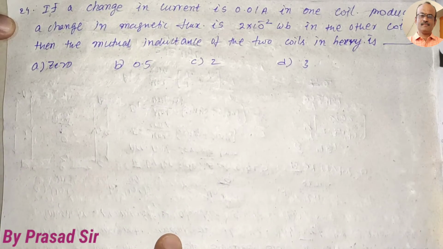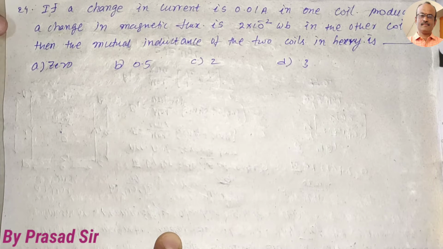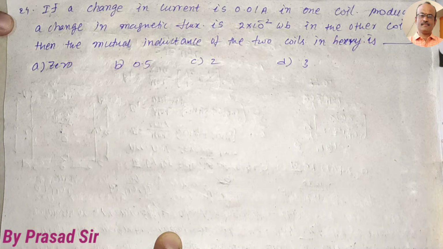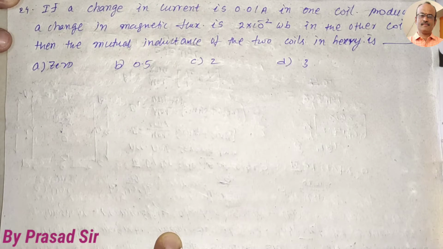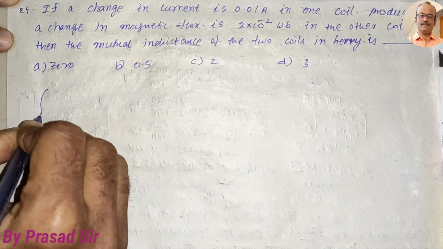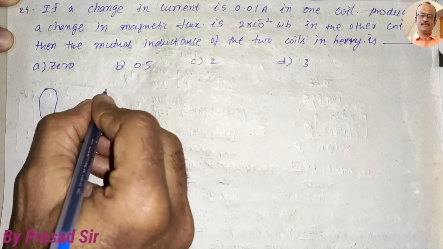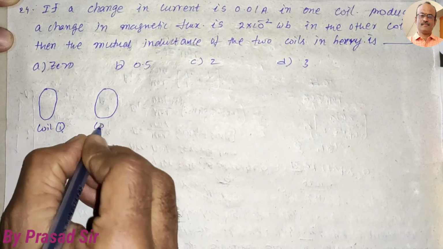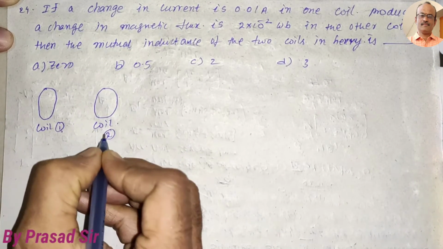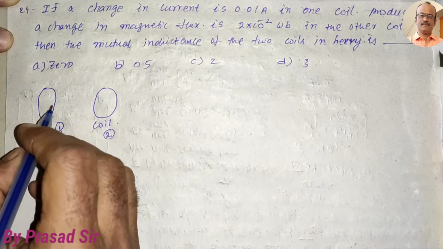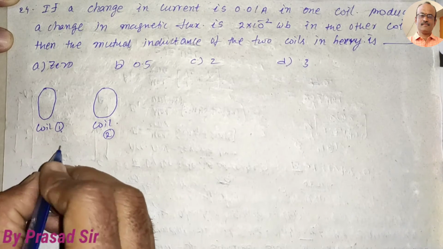Now the question number 24. If a change in current of 0.01 amperes in one coil produces a change in flux of 2 into 10 to the power of minus 2 Webers in the other coil, then what is the mutual induction of the two coils in Henry? First of all we will take this as coil 1 and this as coil 2.